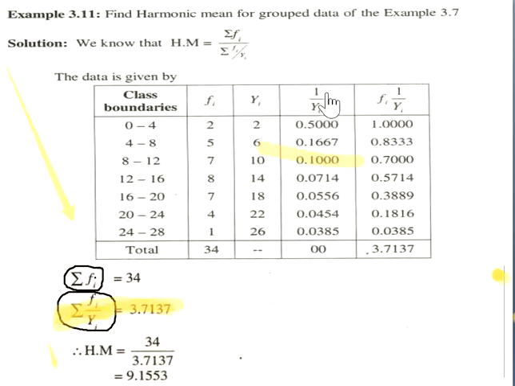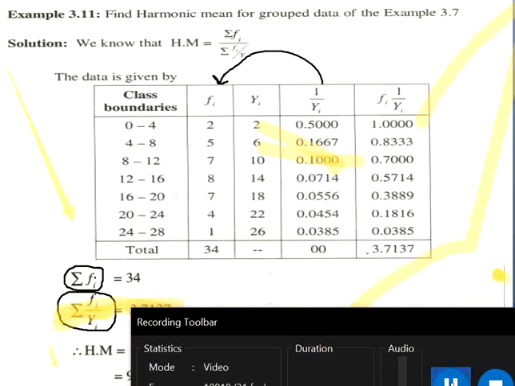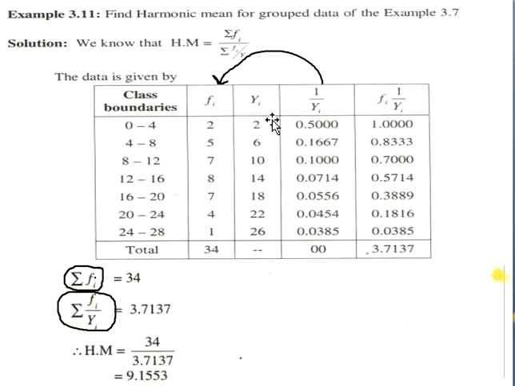Now we just multiply this column with f. So we will multiply the column of frequency with the reciprocal of y, that is f into 1 by y.